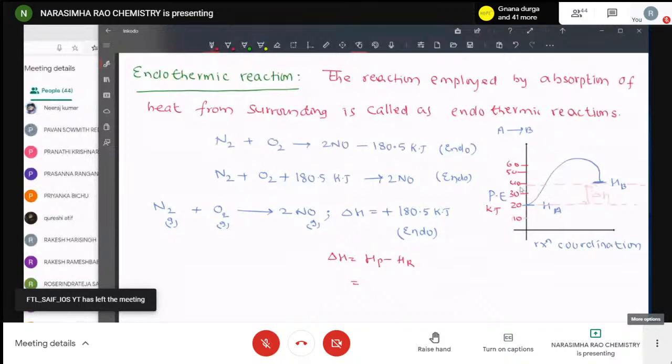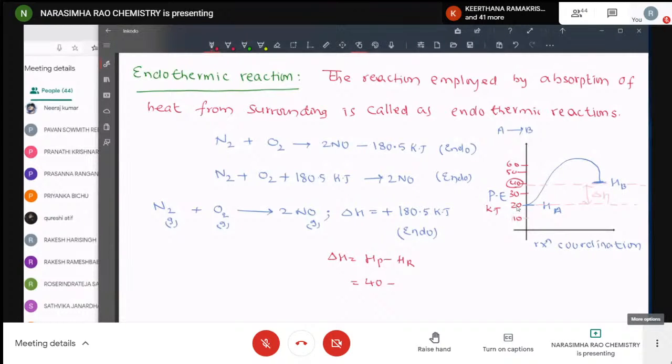Enthalpy of product is noted like this: 40 minus enthalpy of reactant is 20. So that is 20 kilojoule per mole. This is on the positive side. Now, what did you observe here? Enthalpy of product is greater than reactant.